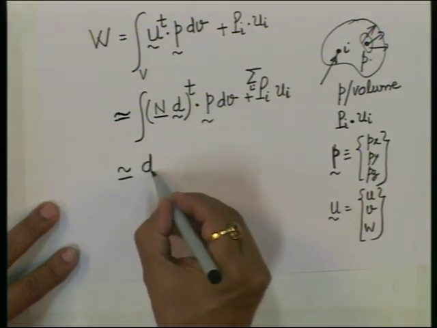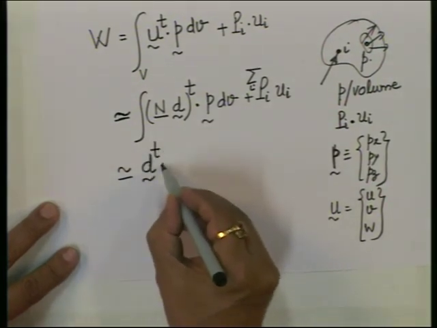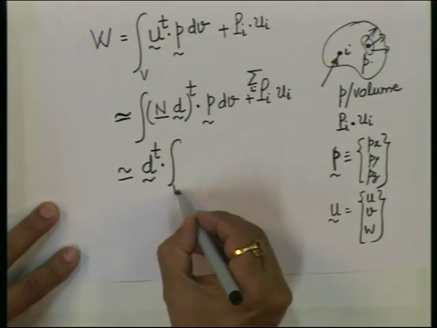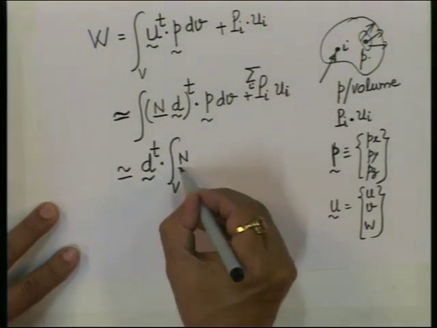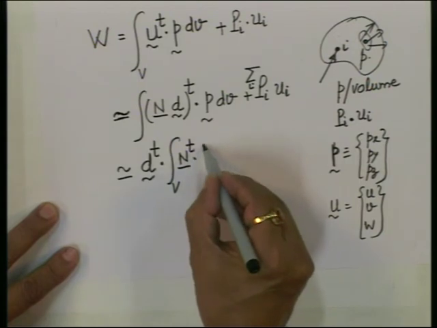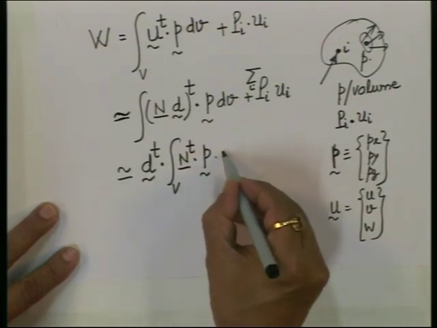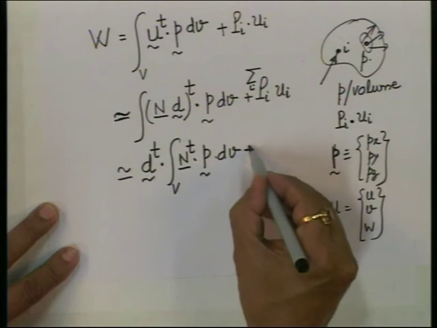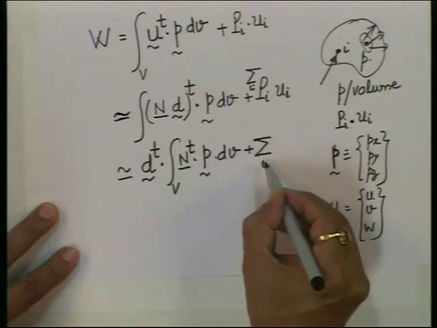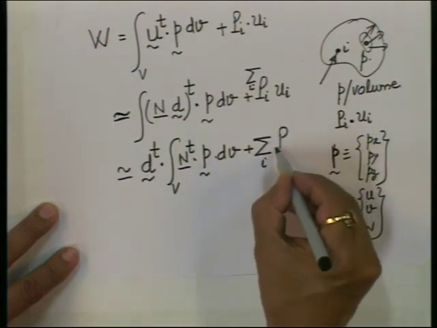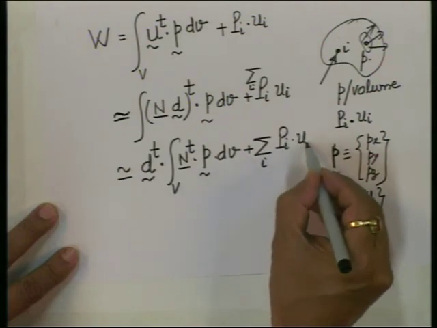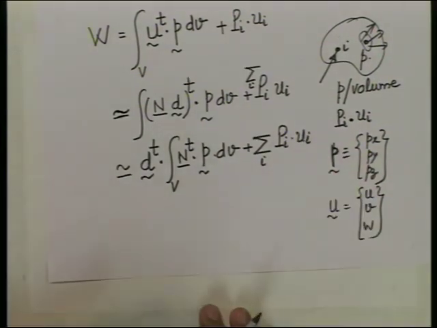So, it will be d transpose, volume integral N transpose p dV, plus sigma over i of P_i u_i, or no, it should be d_i nodal.